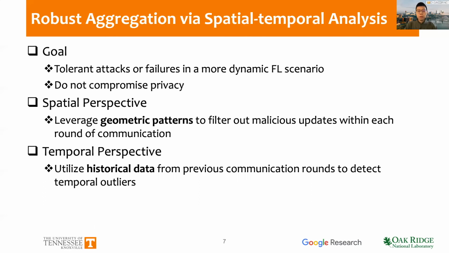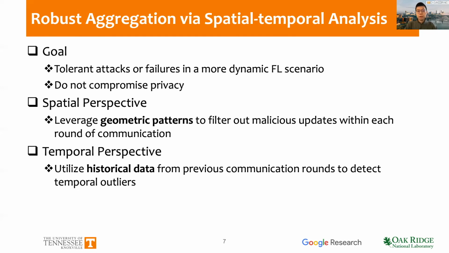In this work, we aim to design an aggregation scheme that can tolerate attacks or failures in a more dynamic federated learning scenario while achieving privacy preservation, without requiring prior knowledge of the number of faulty or malicious clients, the distribution of the clients' data, or the mapping between the submitted model updates and the clients' identities.